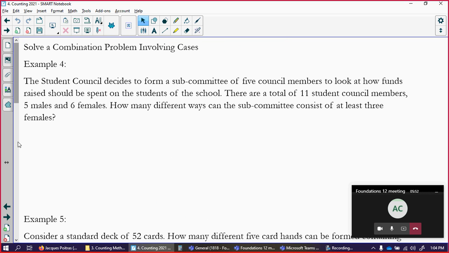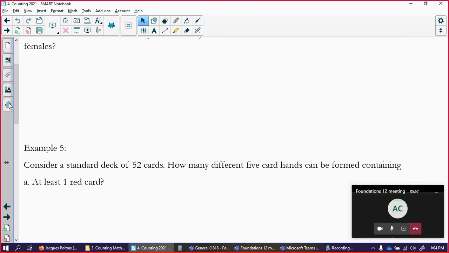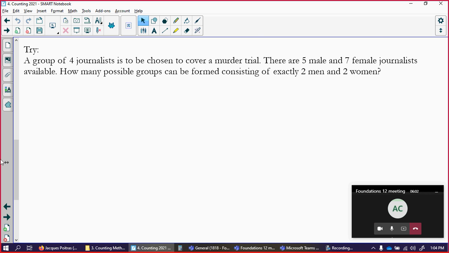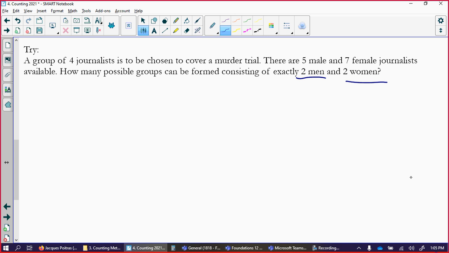So I'm going to do the four examples, and that'll be it. A group of journalists is chosen to cover a murder trial. 5 male, 7 female. How many groups are possible if it has, and here's the key word, exactly 2 men and exactly 2 women?